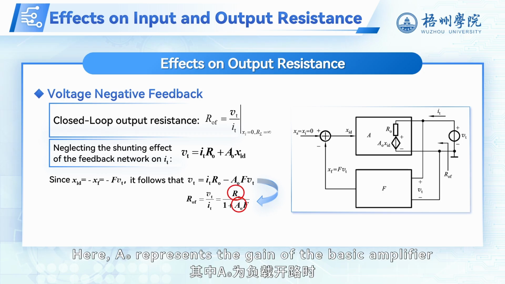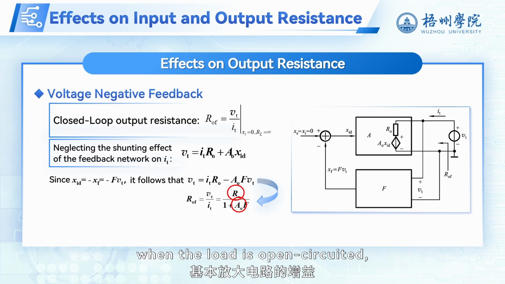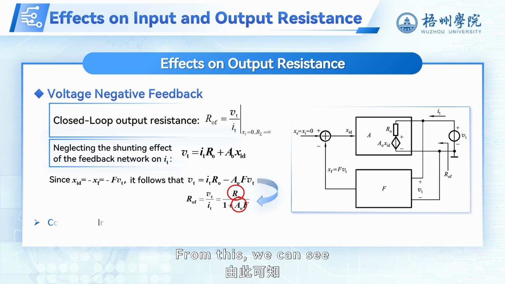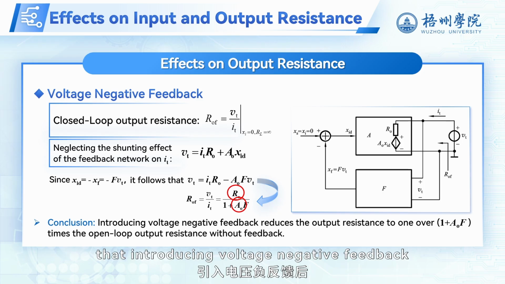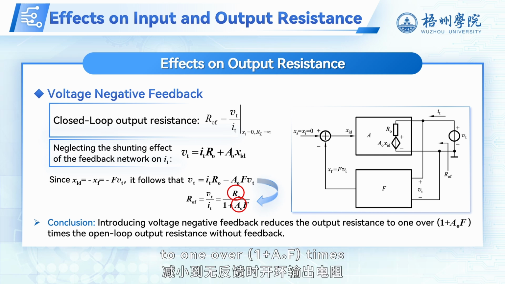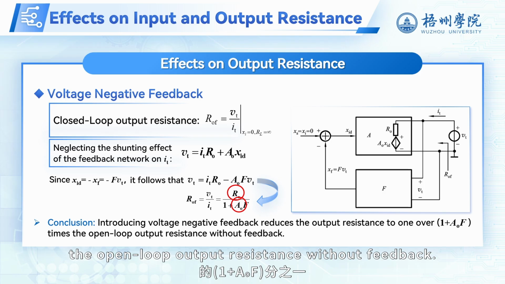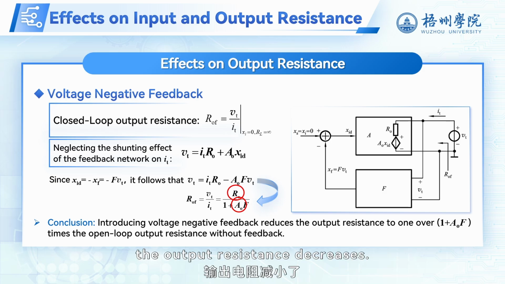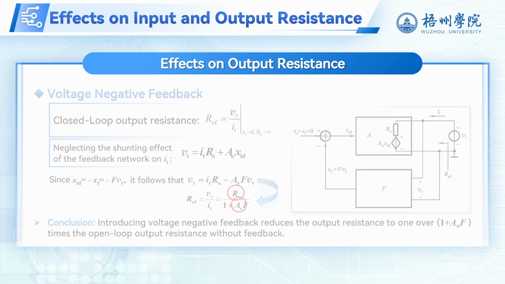Here, AO represents the gain of the basic amplifier when the load is open-circuited, and RO is the open-loop output resistance. From this, we can see that introducing voltage negative feedback reduces the output resistance to 1 over 1 plus AOF times the open-loop output resistance without feedback. In other words, the output resistance decreases.